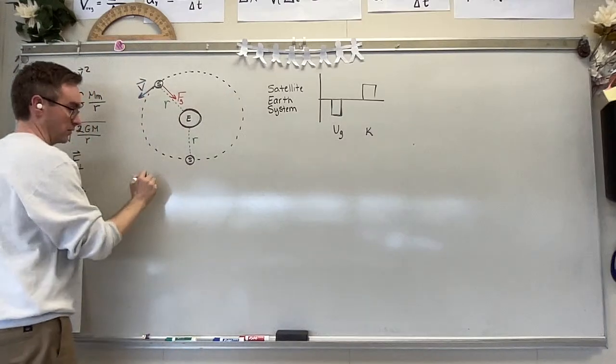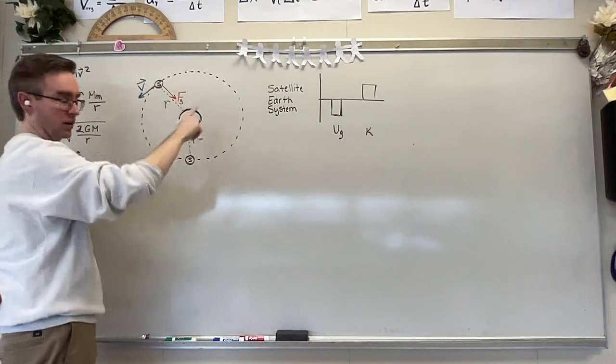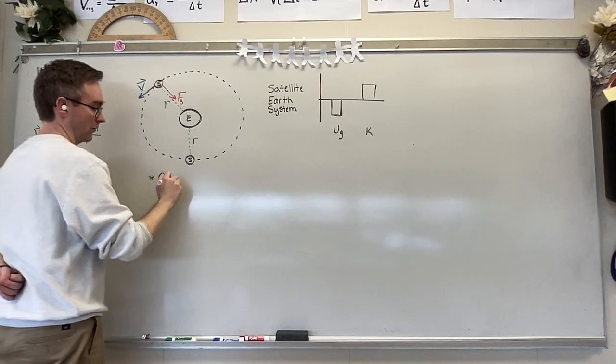So as we notice here, as it starts moving around in this circular motion, we have a constant radius.